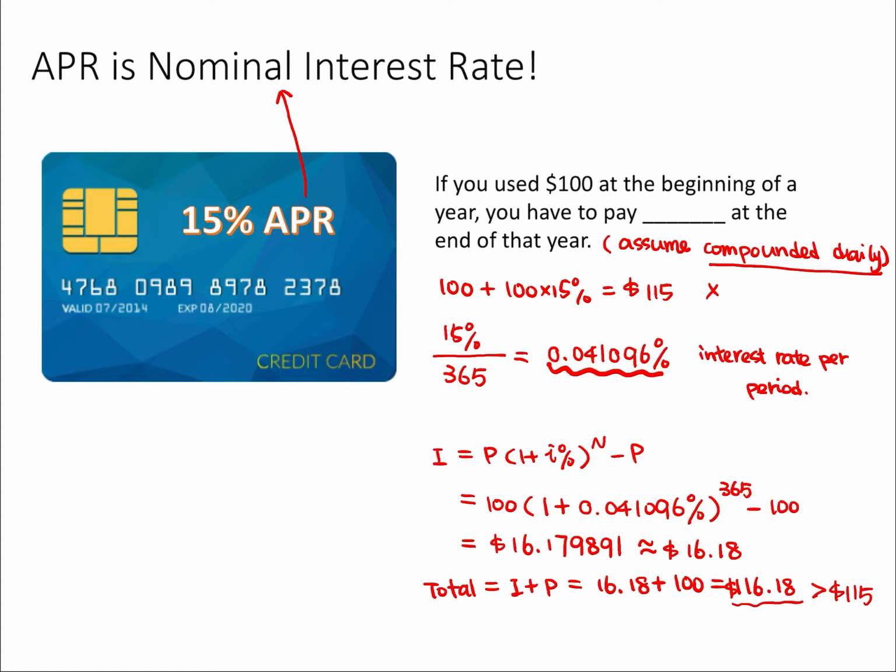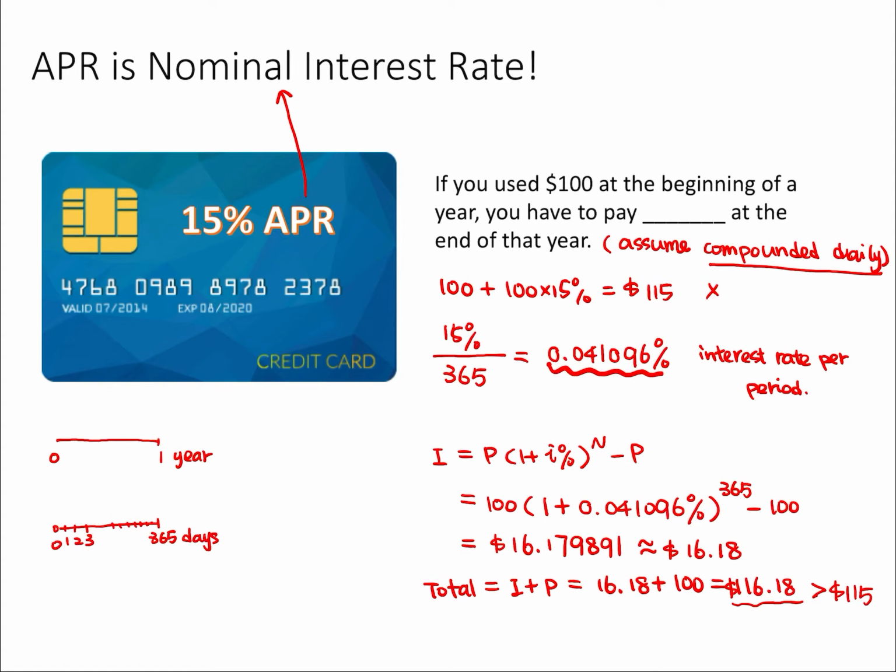It's not per year. But if somebody says, I still want to check or look at this case on a yearly basis, what does it mean? It means you are looking at the timeline from 0 to the end of 1 year, instead of the timeline from 0 to first day, second day, third day, to the end of 365 days.